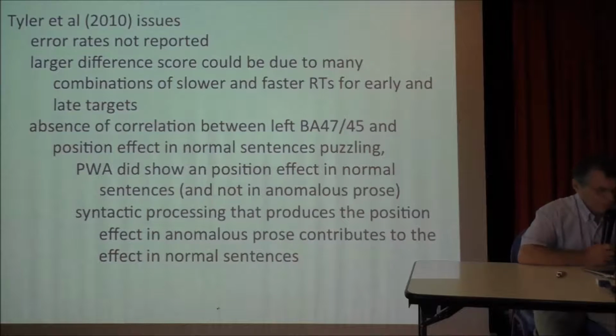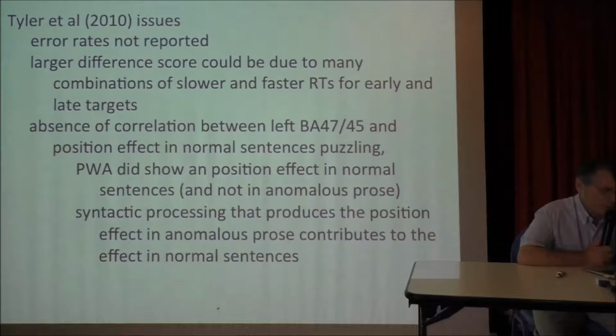There are a number of questions about this study. They didn't report error rates, so the RTs to words early and late might reflect speed accuracy trade-offs. A larger difference score or a smaller difference score could be due to many combinations of slower and faster RTs for early and late targets. This is a general problem with difference scores.